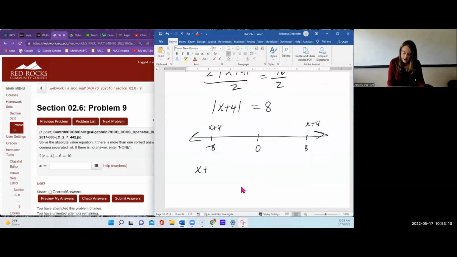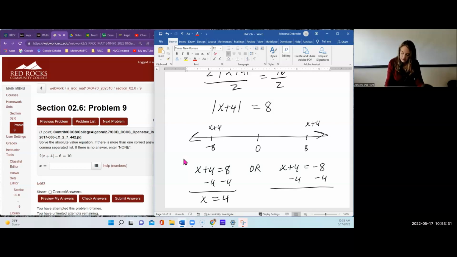So I can write that x plus 4 is either sitting truly at 8 or x plus 4 is sitting down here at negative 8. And then I solve to see where x is to make x plus 4 do that. By subtracting 4 in each of the different equations, I get possible solutions of 4 and negative 12.